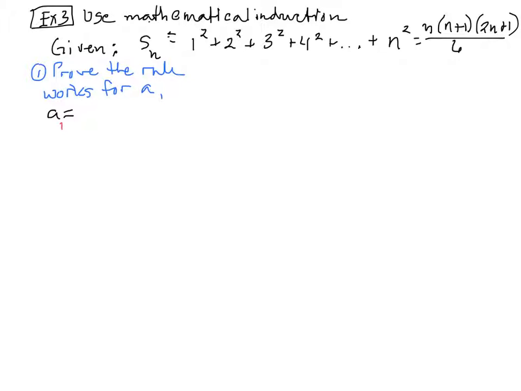The n squared or the n times the n plus 1 times the 2n plus 1? It's the one on the right, the more complicated one. You never set it equal to the one on the left. So we're going to set it equal to n times n plus 1 times 2n plus 1, all divided by 6.